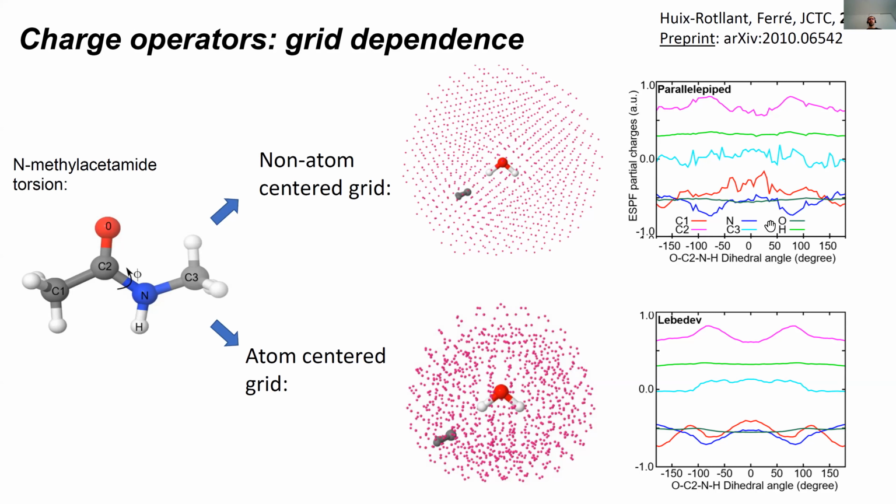So the minus and plus degrees don't lead to the same evolution of charges. Just by changing the way in which you construct your grid, you get very smooth, uniform, symmetric curves. So that is usually preferred when you define atomic charges with such a method.